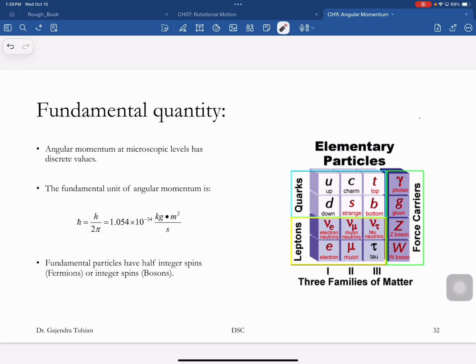If you want to talk about angular momenta of microscopic particles, it's like the distance from here to Jacksonville, where you use kilometers. If you want to measure the width of this room, you use a meter. To measure the angular momentum of these particles, the unit you want is h bar, Planck's constant divided by 2 pi.